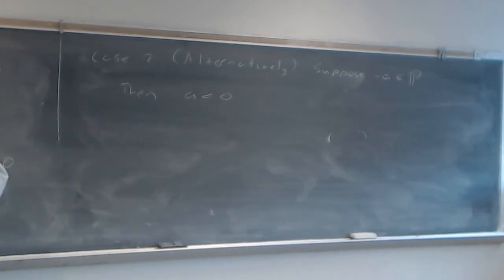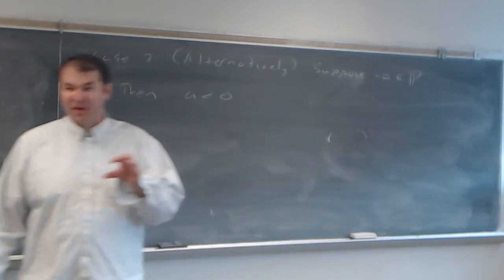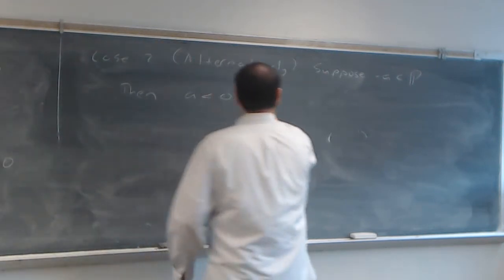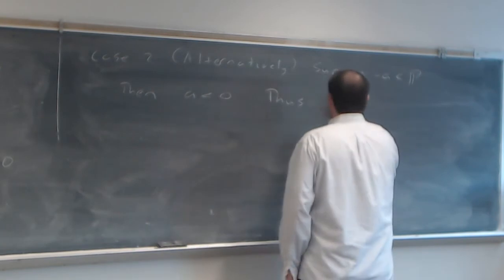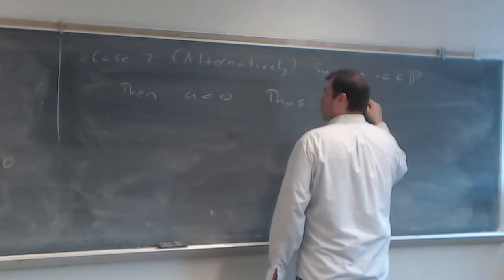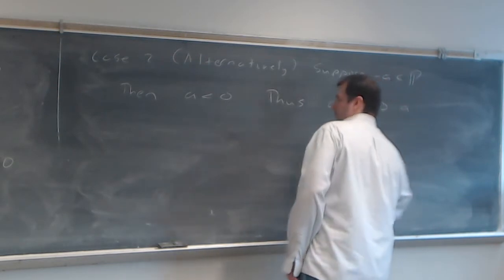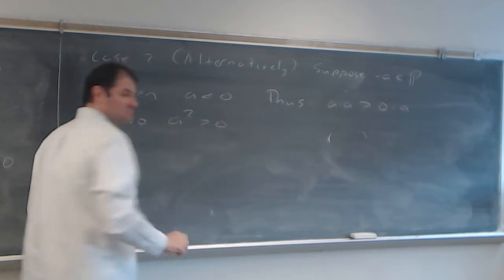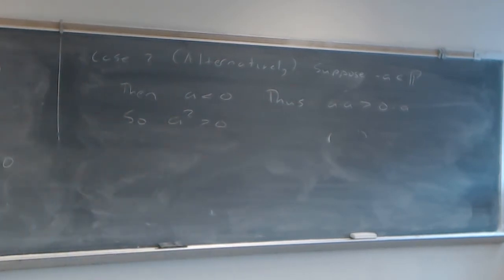Is that okay? Now, we had proven in a theorem, one of the parts, so A is less than 0. If I multiply both sides of that inequality by A, I'm multiplying by something less than 0. And when you multiply by something less than 0, you have to switch the direction of the inequality. Is that okay? Thus, and that's by a fact we proved earlier, A times A will be greater than 0 times A. So that says that A squared is going to be greater than 0. So this is an alternative way of handling case 2.